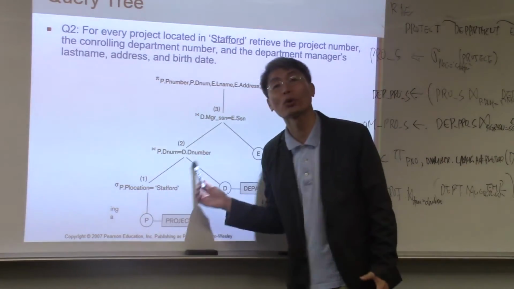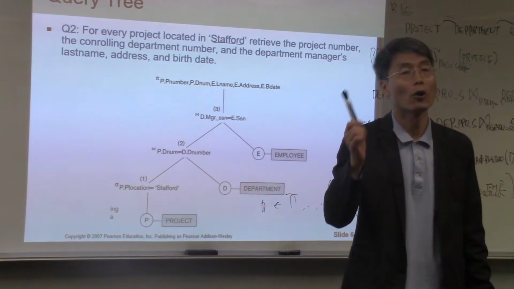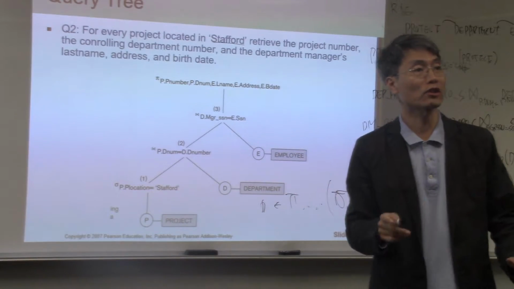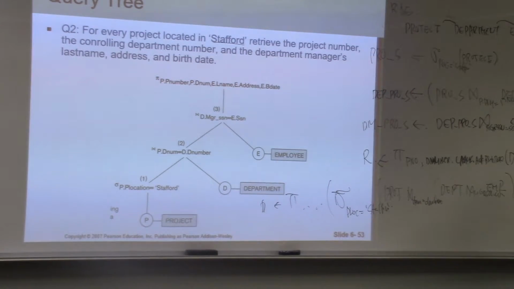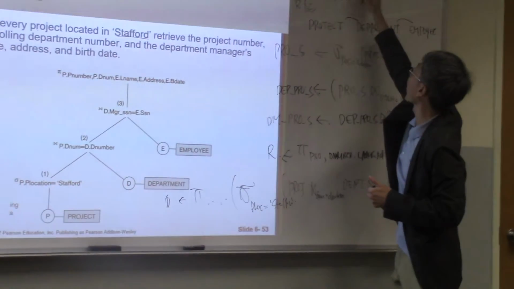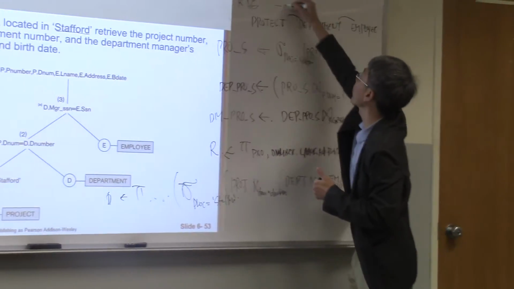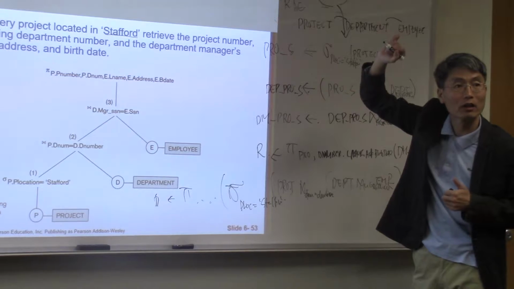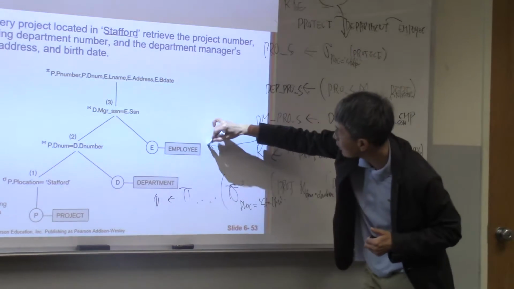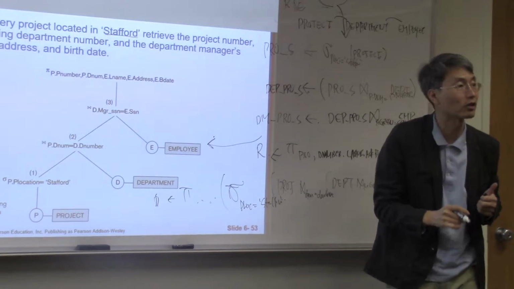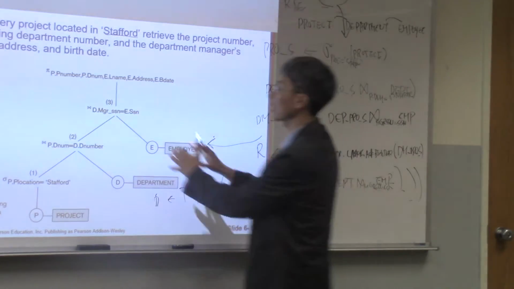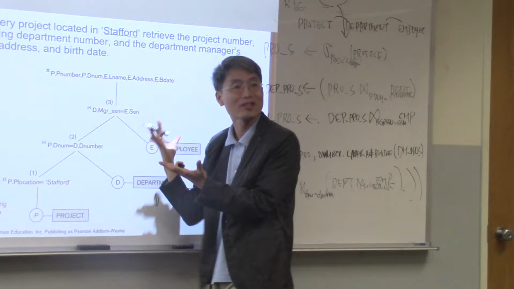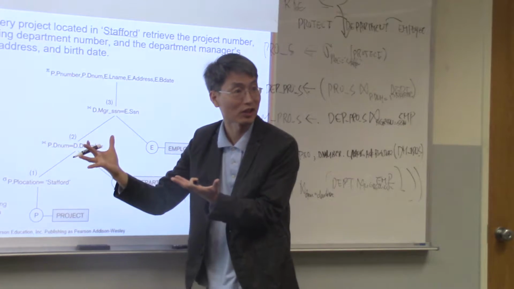This query tree will be used by the query processor. When a user submits SQL, which we will learn later, SQL will be converted into relational algebra, and relational algebra is converted to the query tree. Then using the query tree, we try to find the fastest way to access the data.